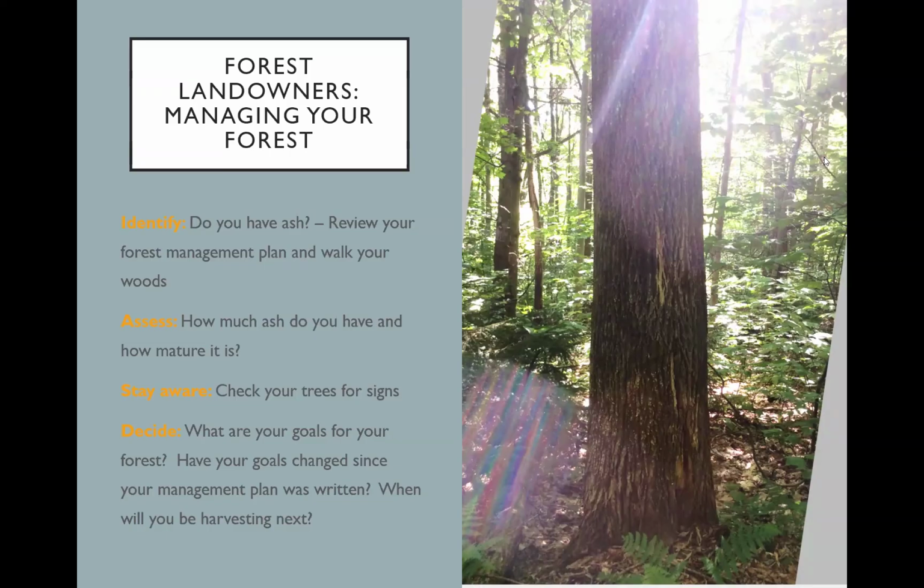If you do have ash, the next question is how mature it is. Emerald ash borer does not initially attack or infest very young trees. Small pole-sized trees are not their main target, but they will eventually infest those, not nearly at the same rate as mature older trees.